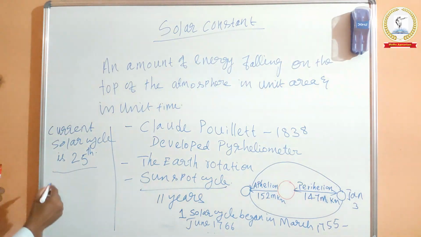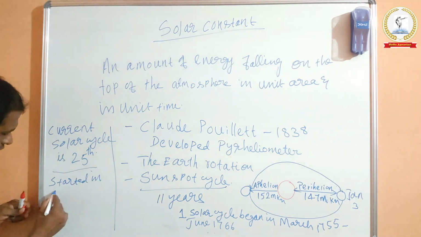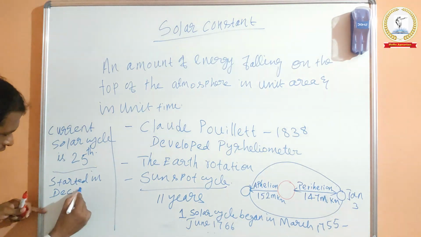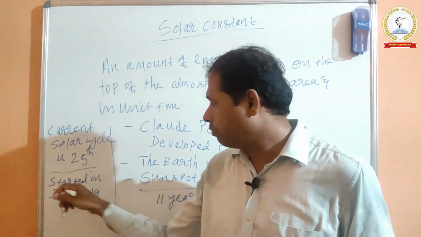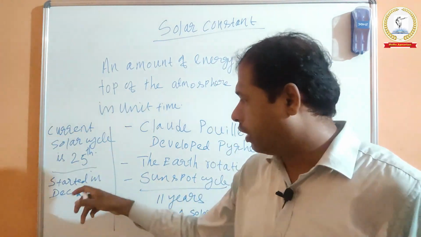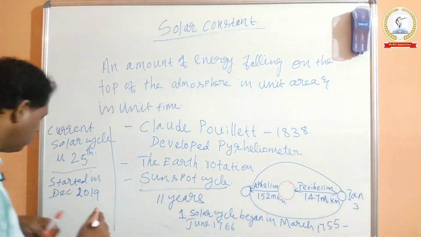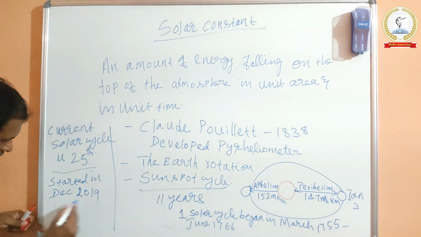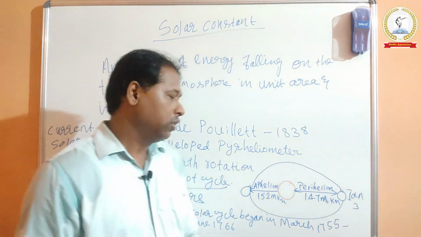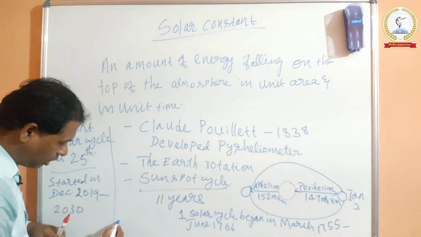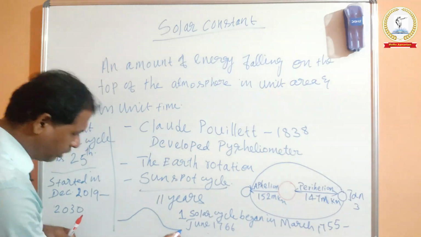It started in December 2019 and it is estimated to end in 2030. Okay, during the solar cycle the sun emits lesser radiation, then it increases to the peak, thereafter it decreases the emission.